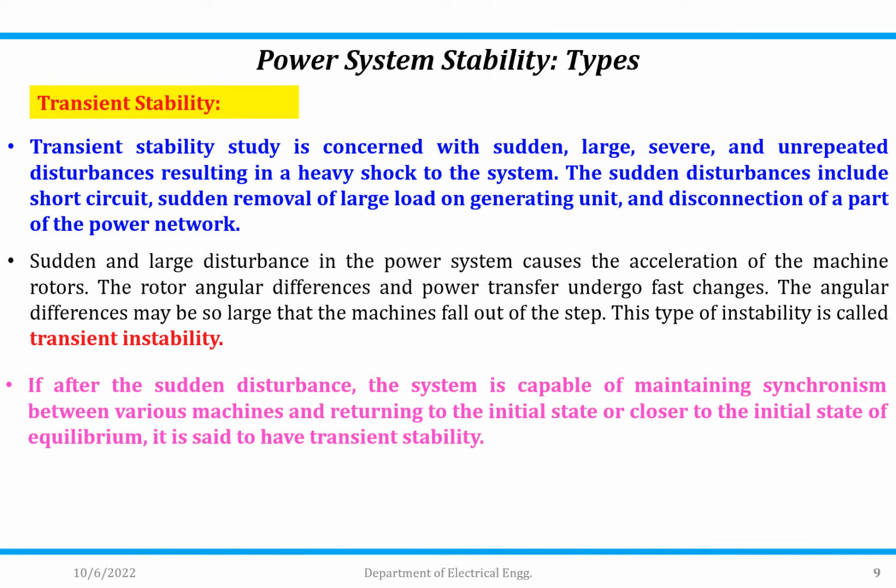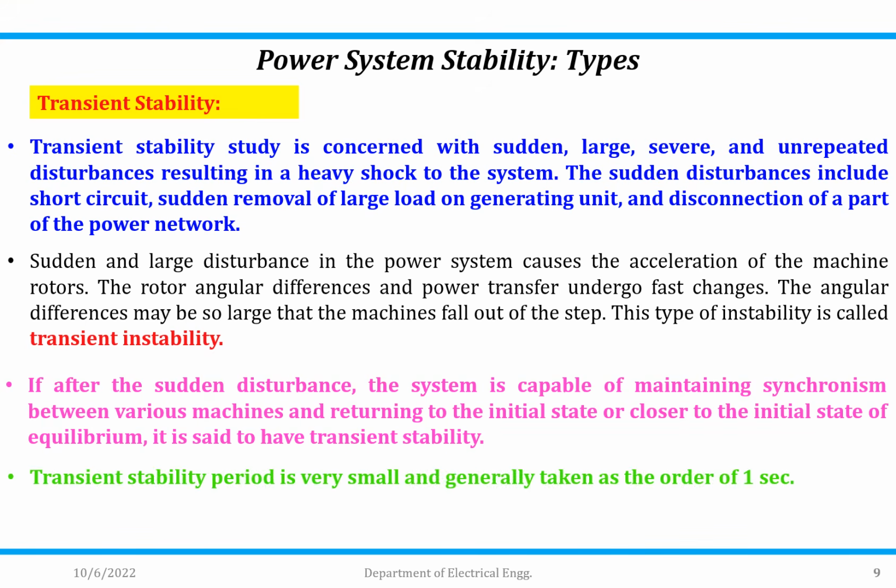But if after the sudden disturbance the system is capable of maintaining synchronism between various machines and returning to the initial state or close to the initial state of equilibrium, then it is said to have transient stability. Transient stability period is very small. Please remember, this is very important, it generally takes of the order of 1 second.